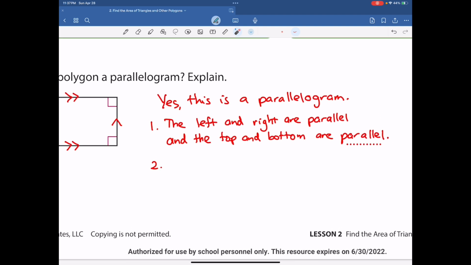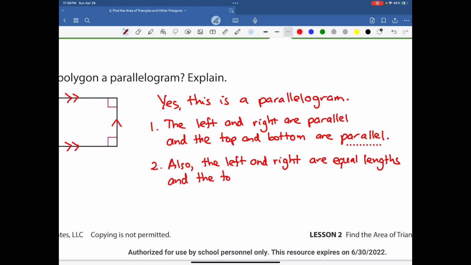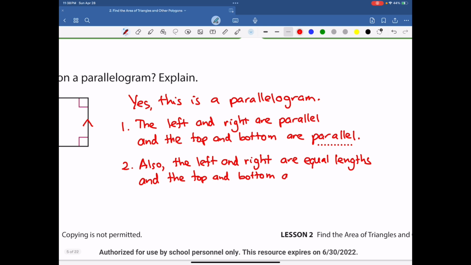So let's write down also, comma, the left and right are equal lengths, and the top and bottom are equal widths.